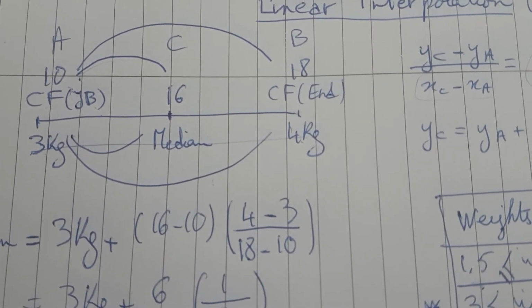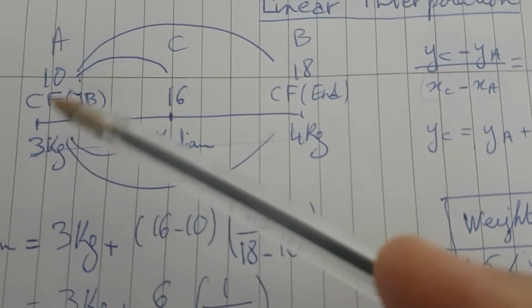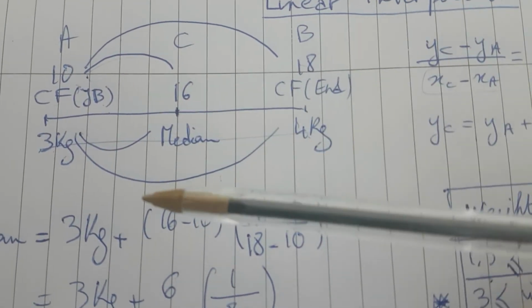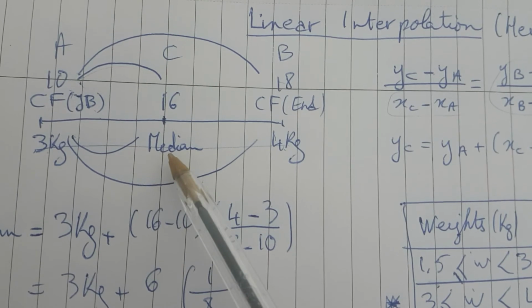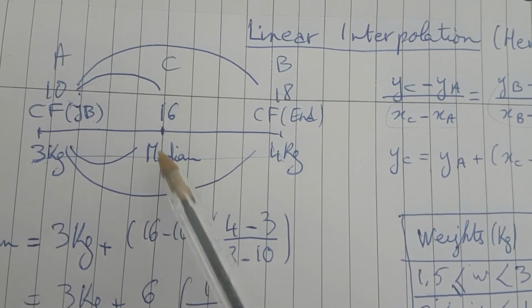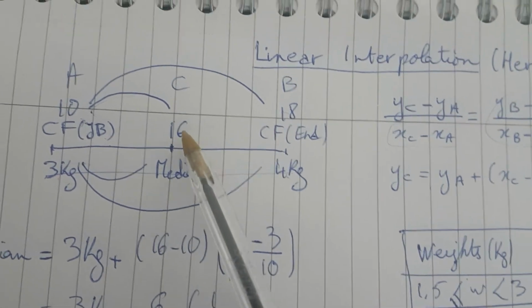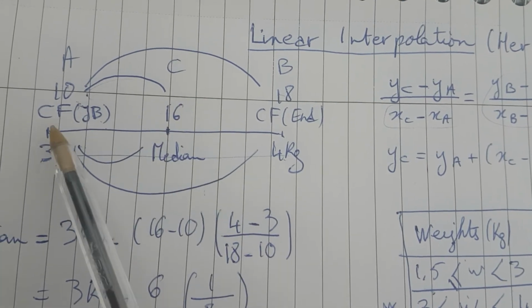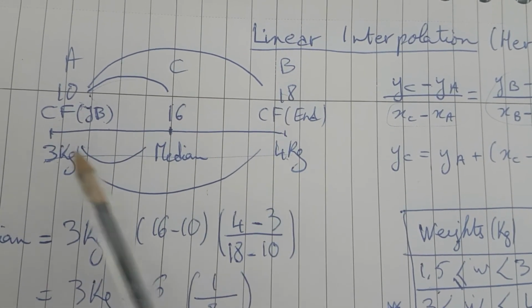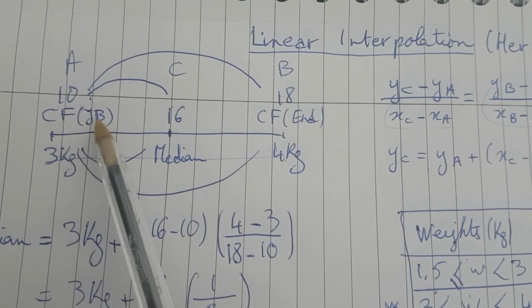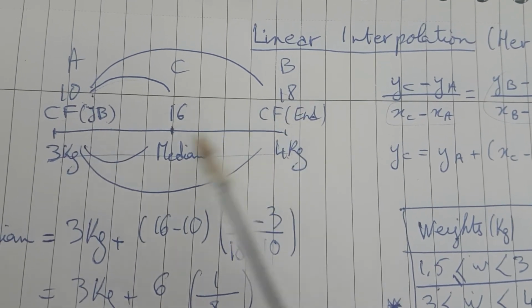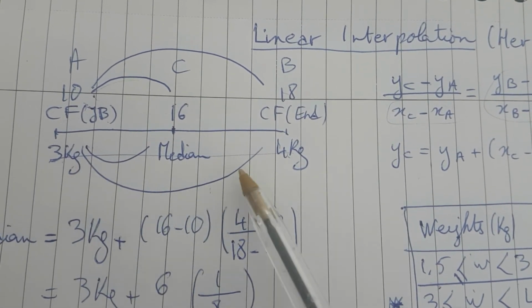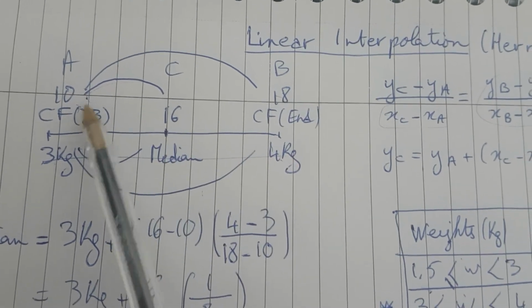Some teachers don't do that. I like to do it just to separate between the values on top and the values in the bottom. I'm writing for the median, or whatever it is we're looking for, in the bottom, the position of it on top, and then the other values: the cumulative frequency just before the interval, at the end of the interval, and the value at the start of the interval and the value at the end.